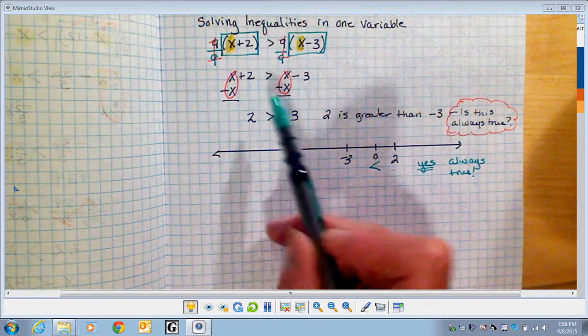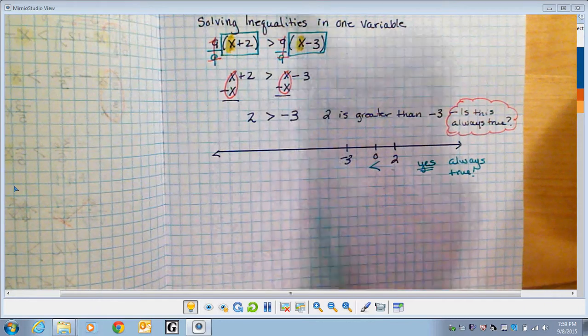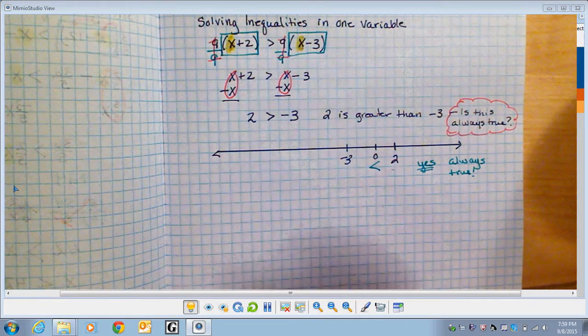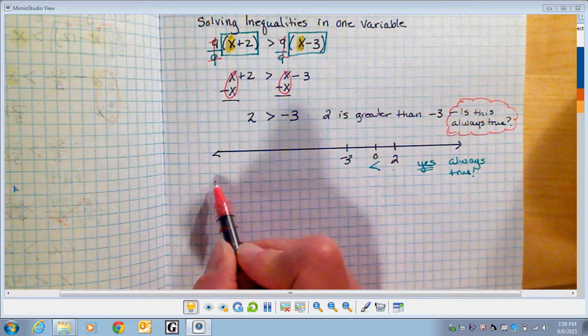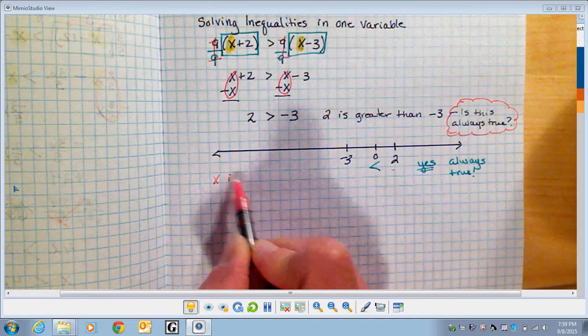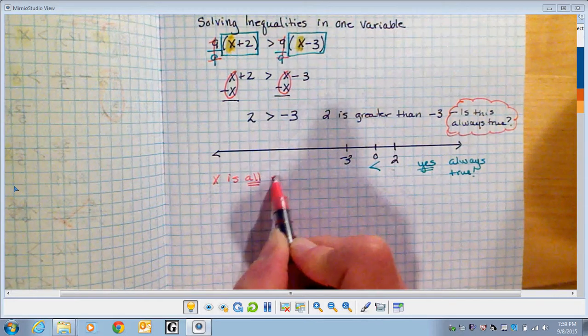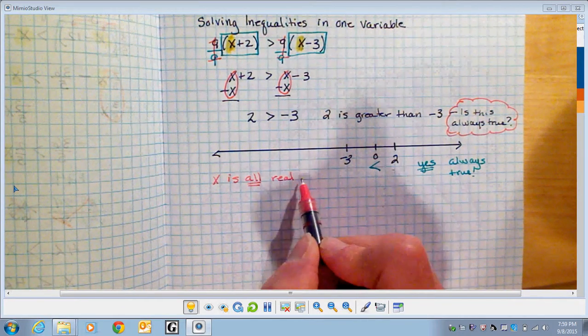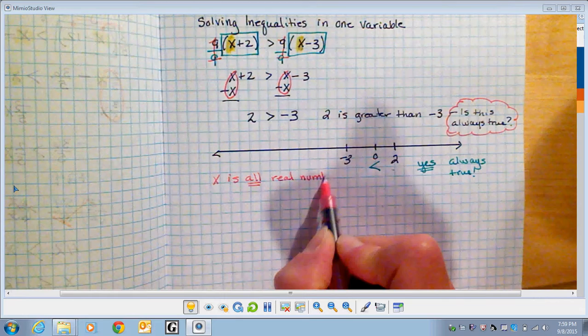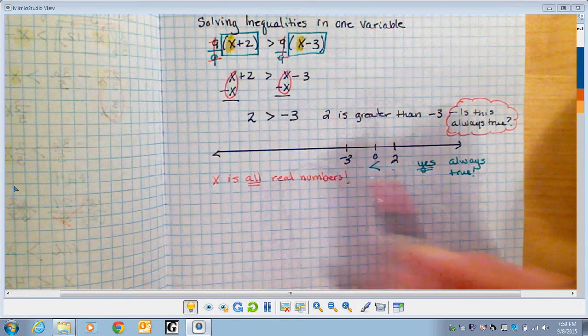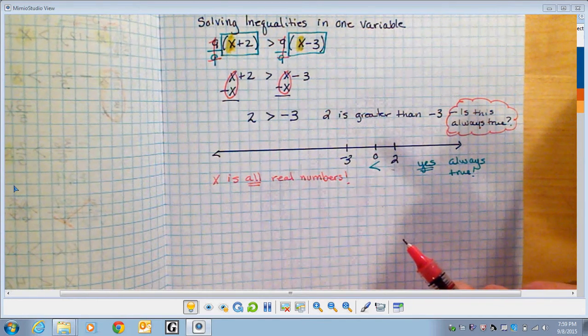This statement up here will always be true. So that means the value of x is all real numbers. x can be any number you want.